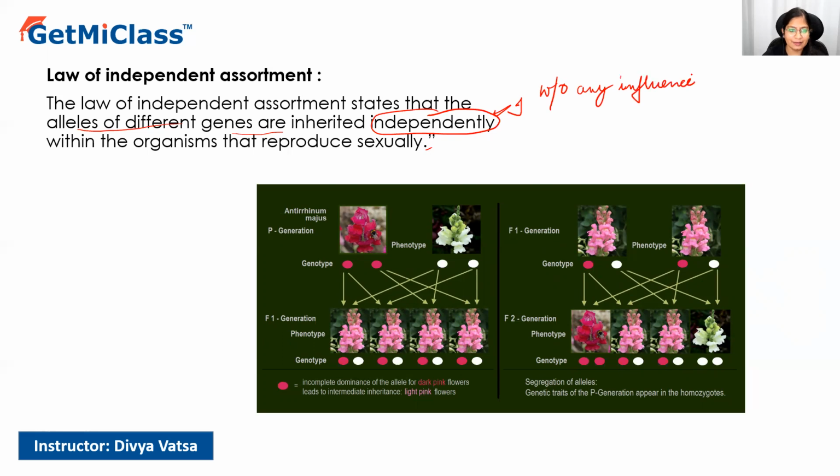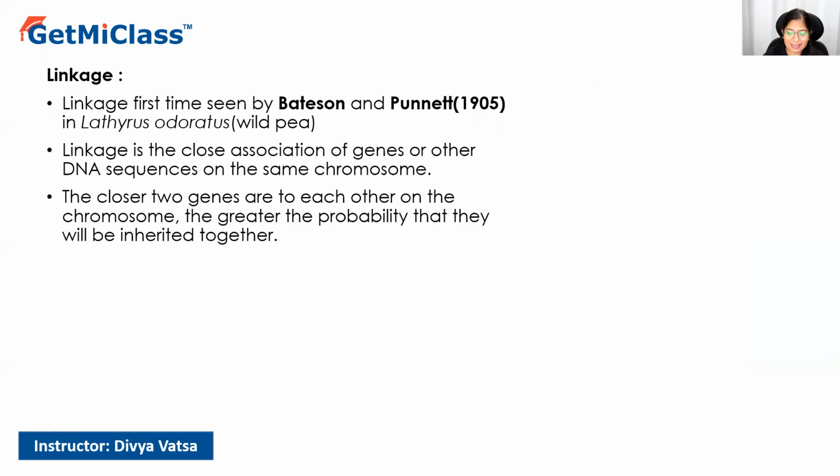Now moving on to the very important topic, linkage. Linkage was first seen by Bateson and Punnett in Lathyrus odoratus, the sweet pea. What does linkage mean? If you sit with your partner, share your lunch, and go to school together, there's a linkage.